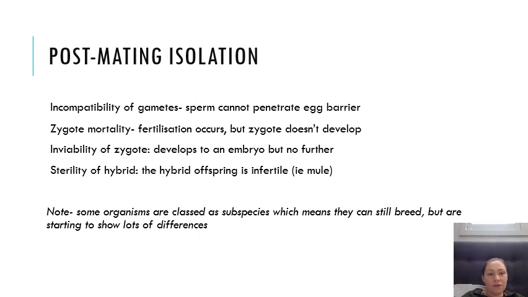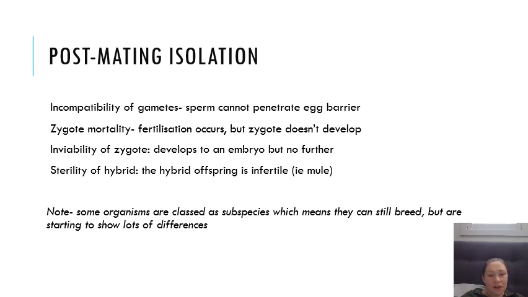There might also be post-mating isolation, so there might be incompatibility of gametes, and that causes the species not to be able to develop. There might be zygote mortality, so fertilization occurs, but the zygote doesn't develop. There might be inability of zygotes to develop an embryo, but no further than that.